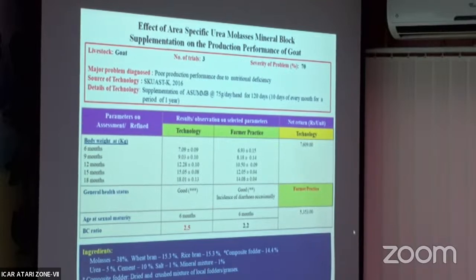Which method do you follow? Sir, hot method. Do you have any idea how you did that? Is any block making machine or any device used for that? No, sir, we just make the block.